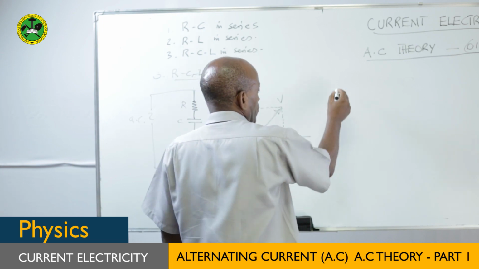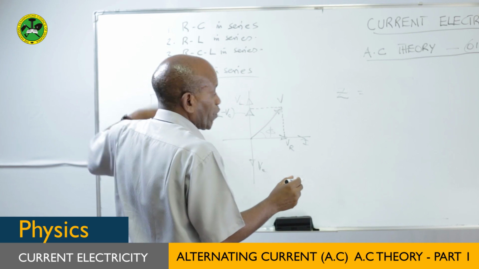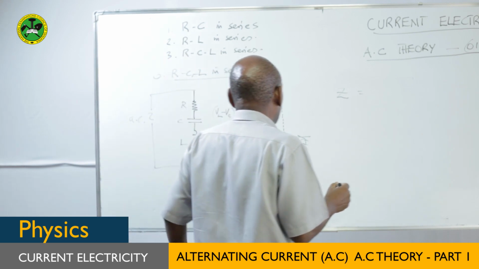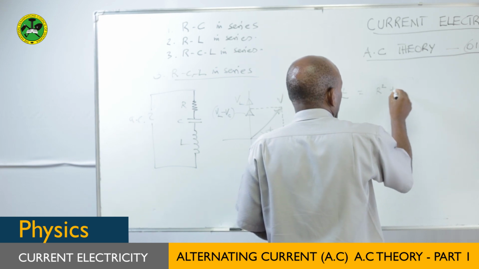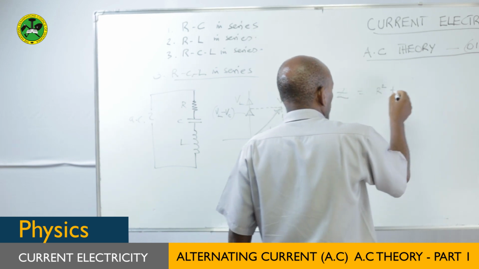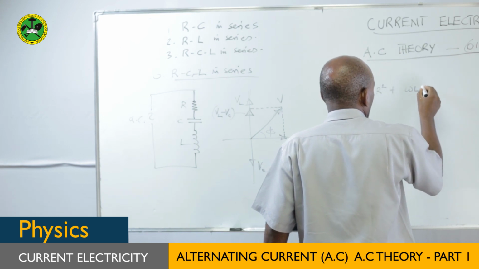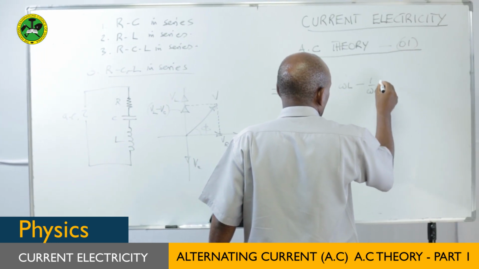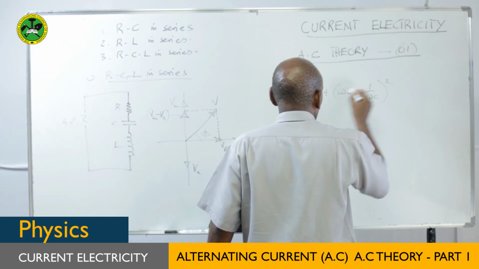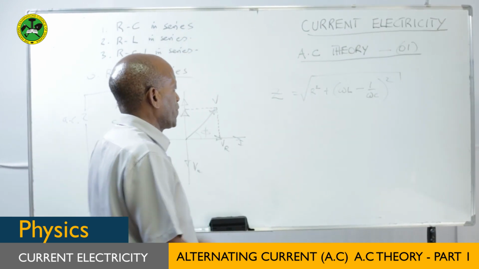If you go through, you'll eventually get the total impedance of the combination of these three circuit elements as the square root of R squared plus omega L minus 1 over omega C, the whole of this squared.